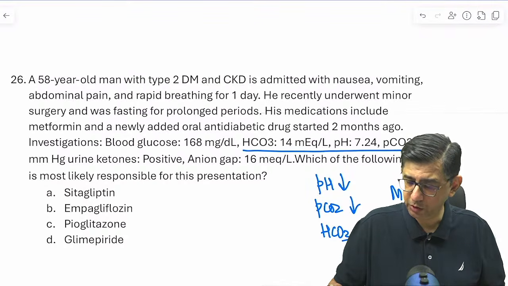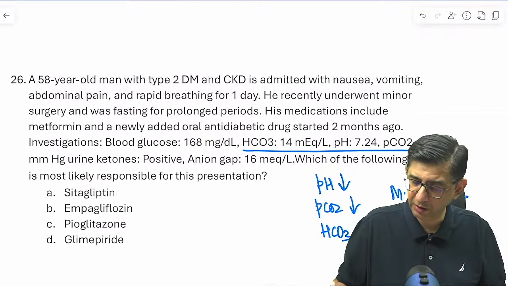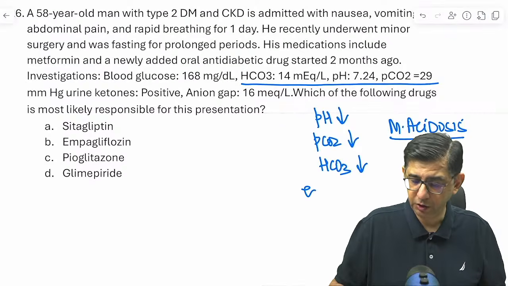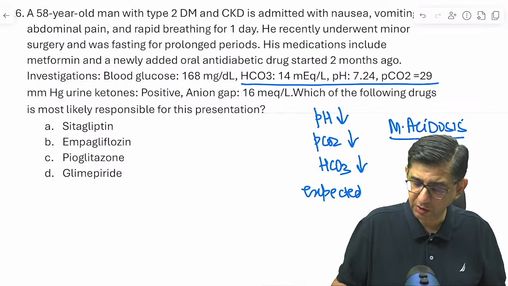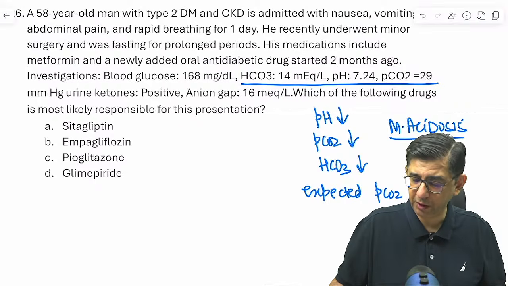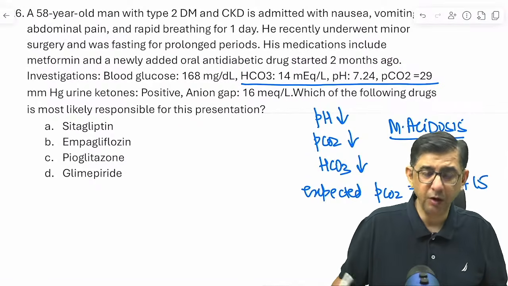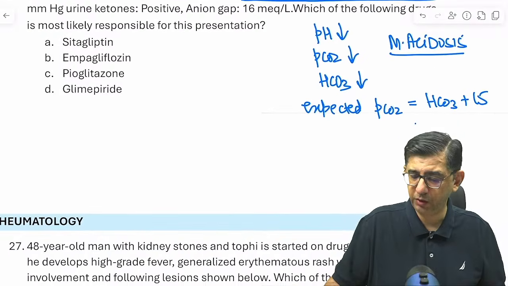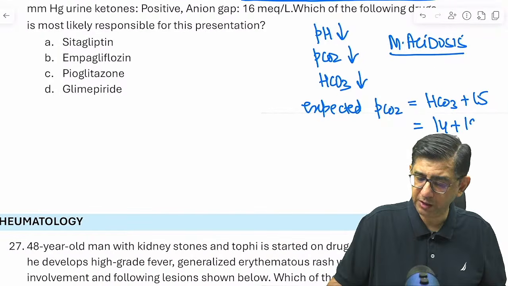I hope you can also apply the Winter's formula in this particular case and calculate the expected PCO2 of the patient. This will not have any bearing on the answer in the question, but just a quick practice here. Expected PCO2 will be bicarbonate value plus 15. Bicarbonate is given to be 14, so if you add 15 to this, the value will become exactly what you want.